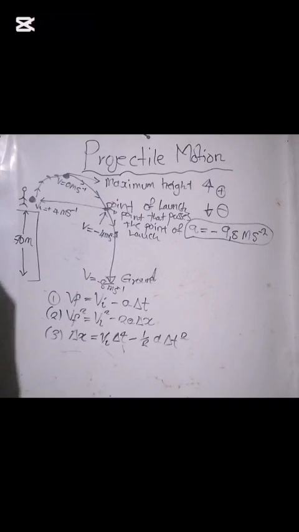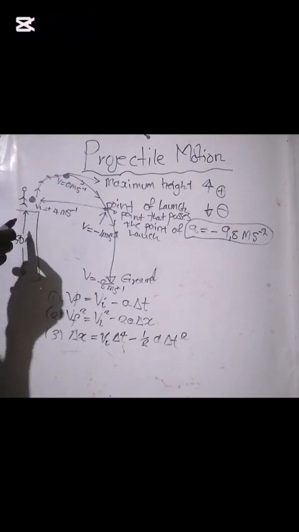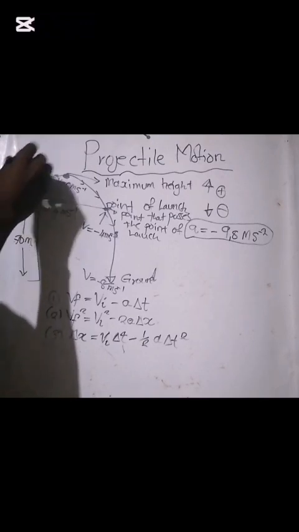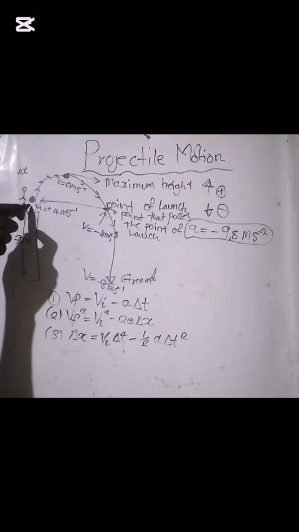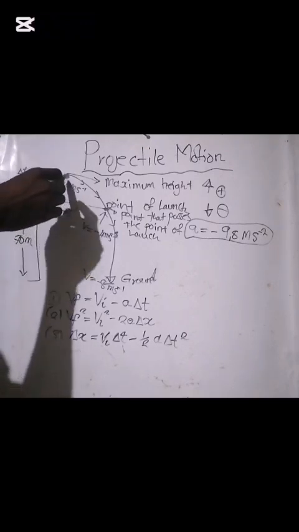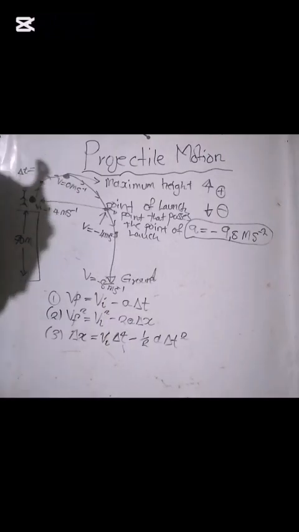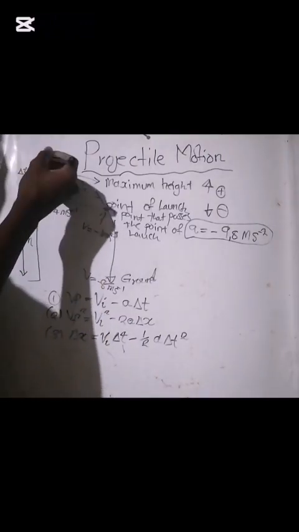Another thing that you need to know: as this boy was projecting this ball upward, time was moving. It might happen that for this ball to move from the hand of the boy to reach the maximum height, it took, for example, 9 seconds.